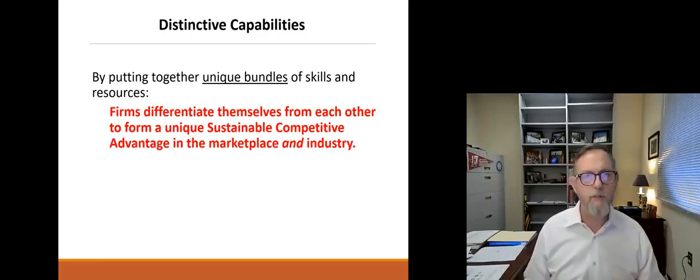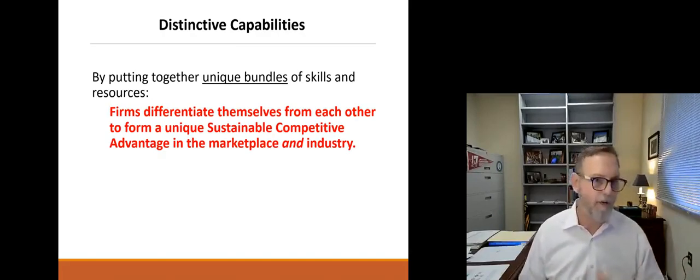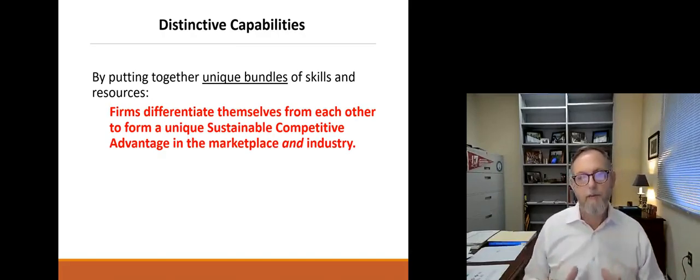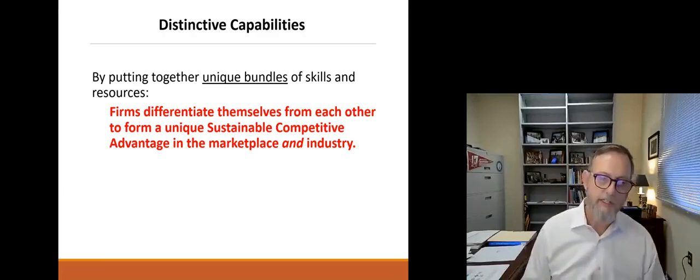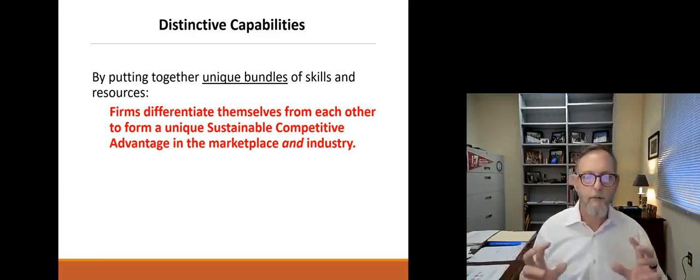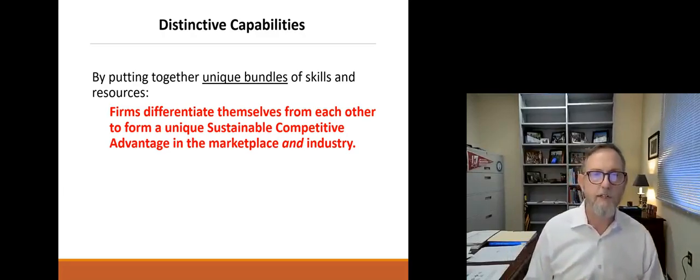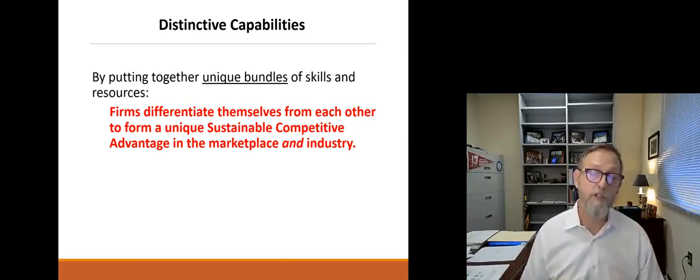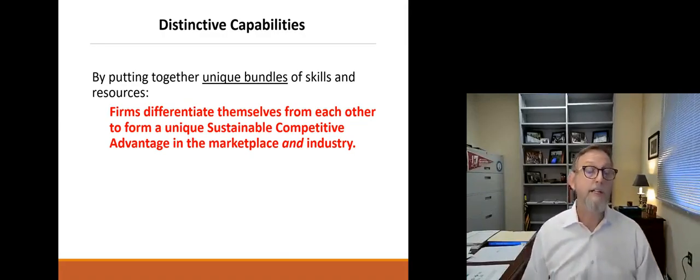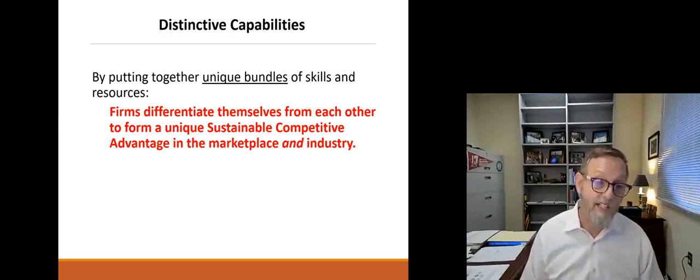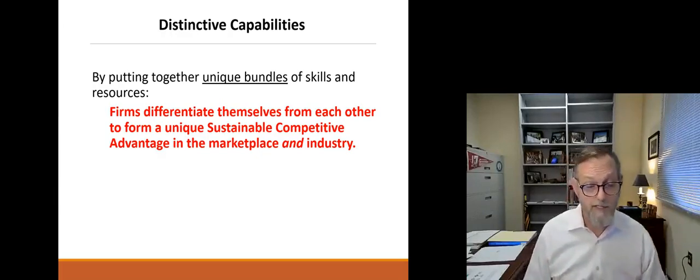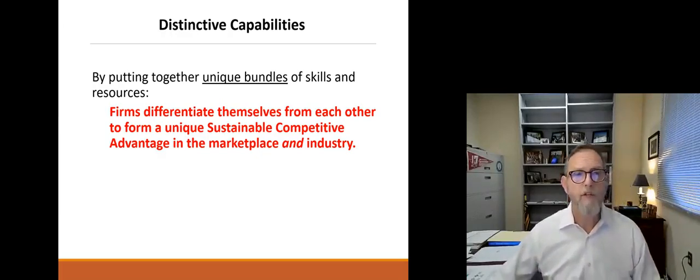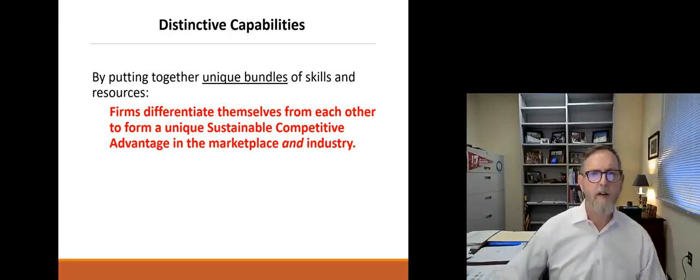And the theory essentially comes down to this idea that companies and organizations are a collection of skill sets or a collection of abilities. And when you put abilities together, you get a bundle or a group of abilities, and that group or bundle of abilities is unique. It's unlike any other bundle that's out there.